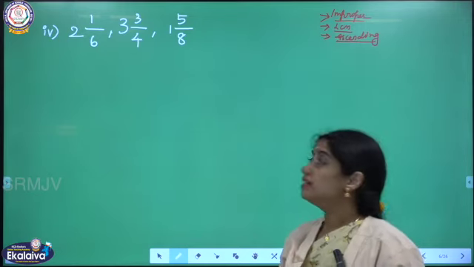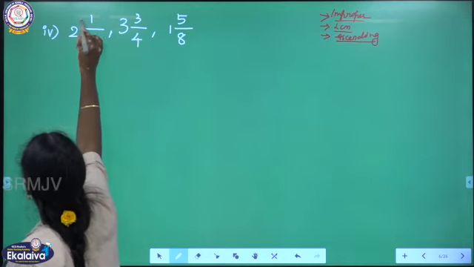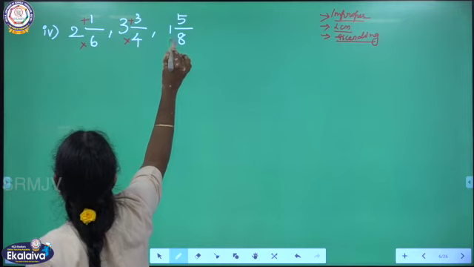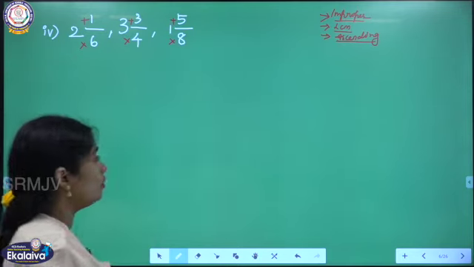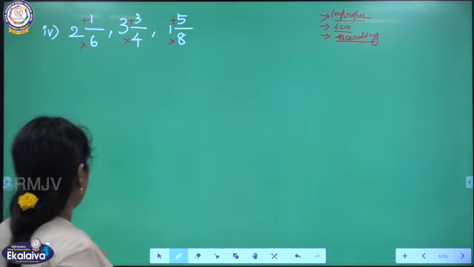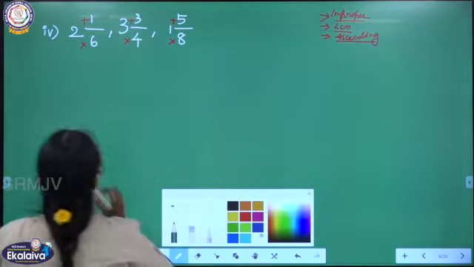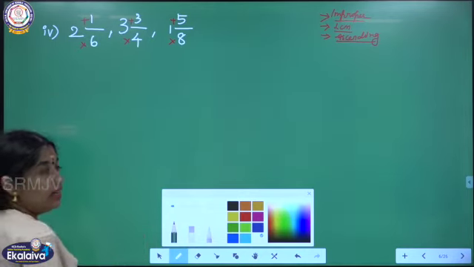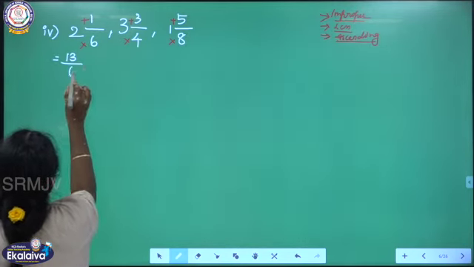Is it clear? Listen. So how can I make this? Into plus, into plus, into plus. Okay. Mixed I am going to convert into an improper fraction. Listen. 6 2s are 12. 12 plus 1 is what? 13 by 6.